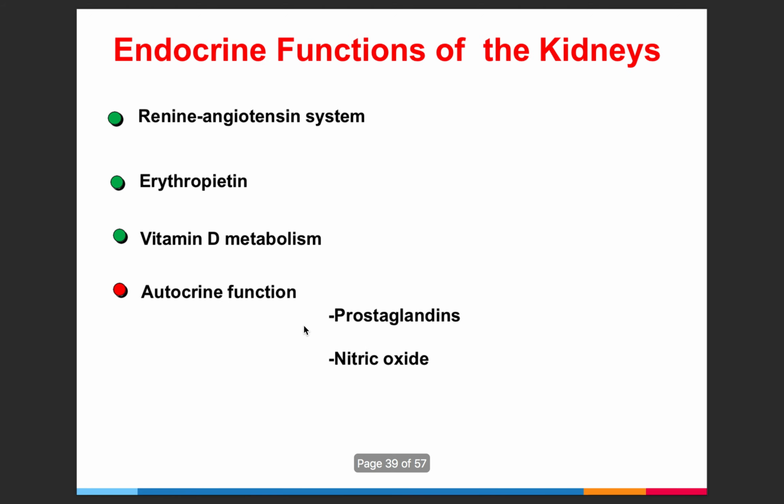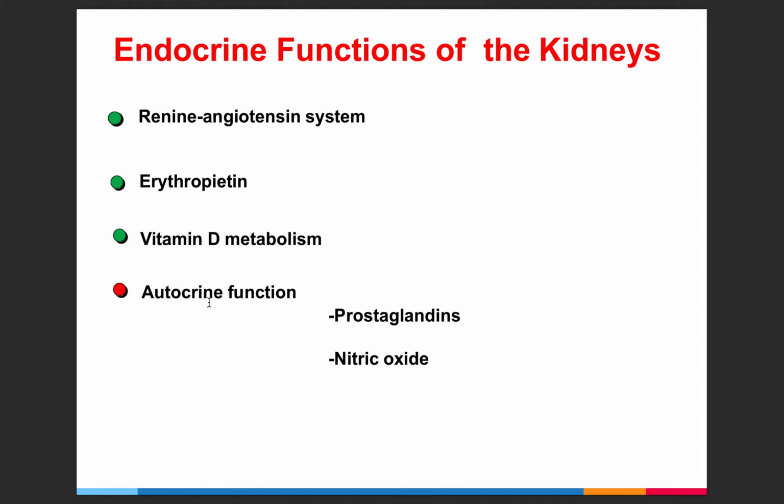So endocrine function, we have the renin-angiotensin. We talked about this in the first lecture. We have the erythropoietin, which is responsible for the production of RBCs in the body, and we are going to discuss this. Vitamin D is another important thing that the kidneys do.